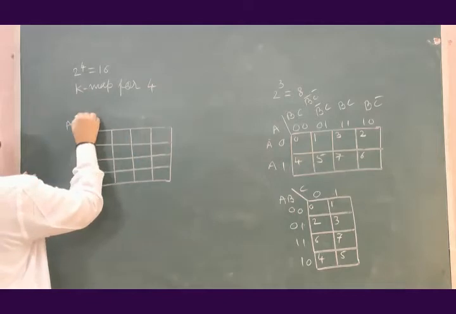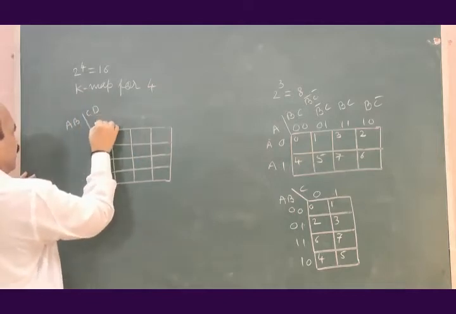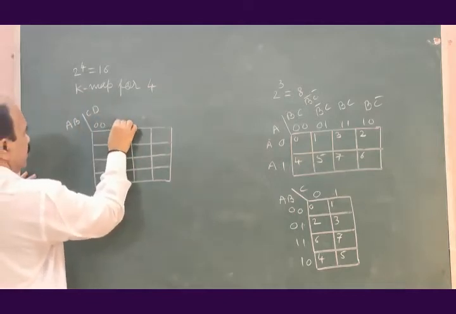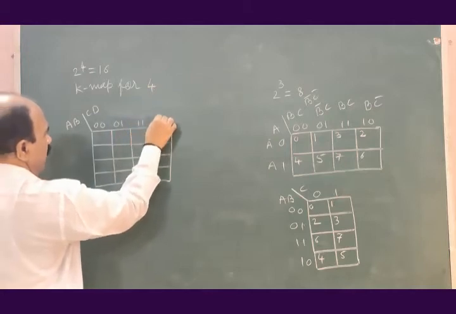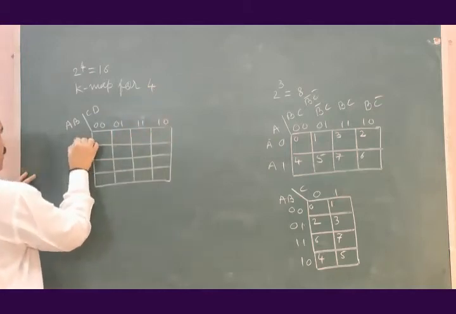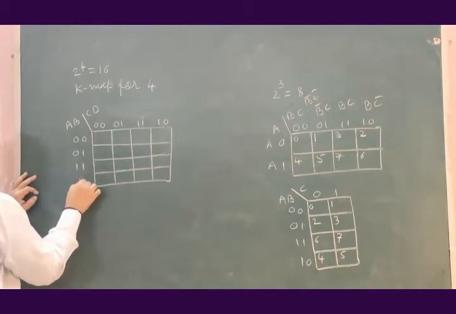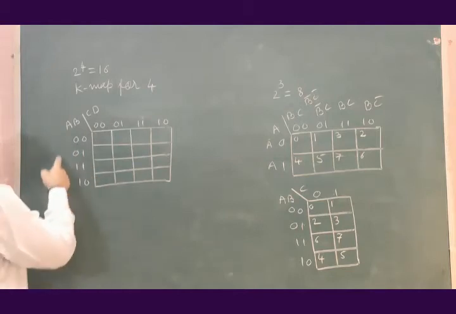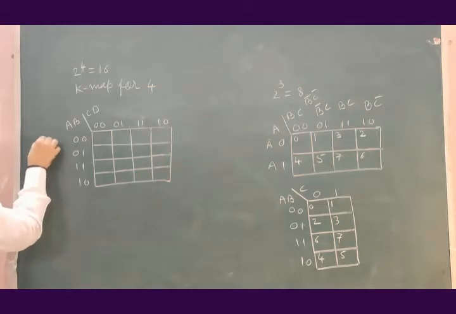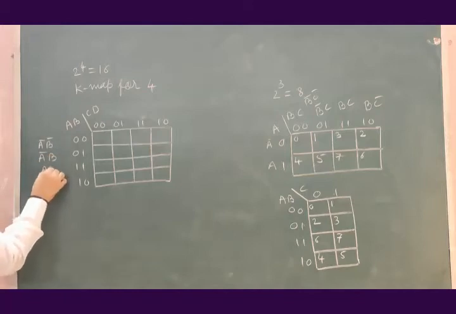A, B, C, D, 0 0, 0 1, 1 1, 1 0, and 0 0, 0 1, 1 1, 1 0. This is corresponding to A bar B bar, this is A bar B, this is A B, this is A B bar.